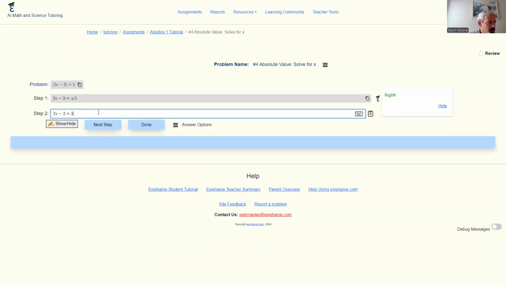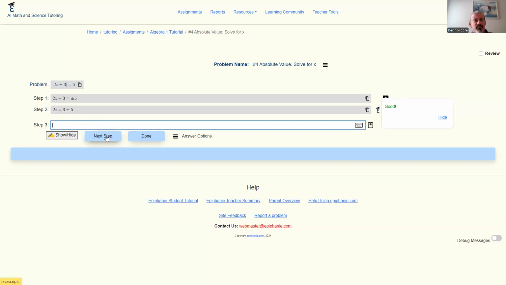Or for my next step, I can say 2x equals 3 and then backslash PM space to lock it in. 3 plus or minus 5. Actually, typing plus or minus anything other than a letter at this point is going to complete that text shortcut. So I have 3 plus or minus 5.